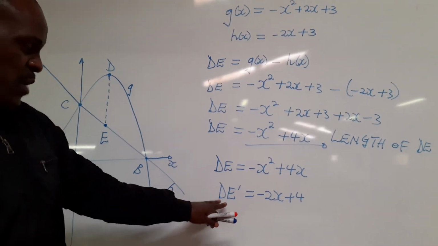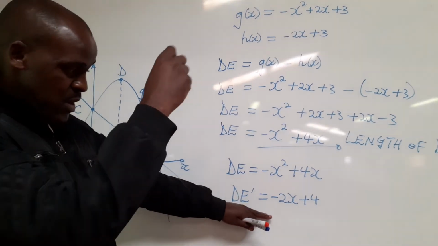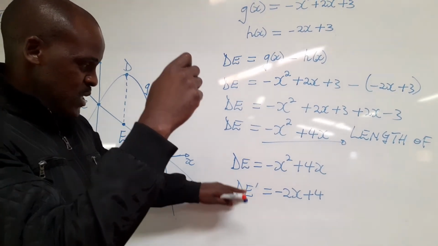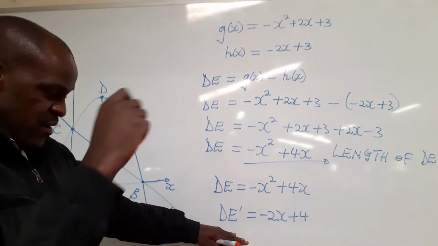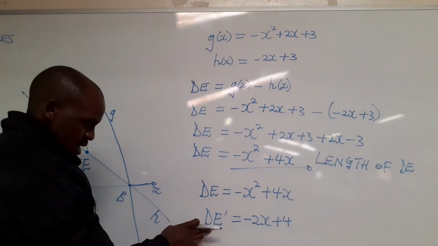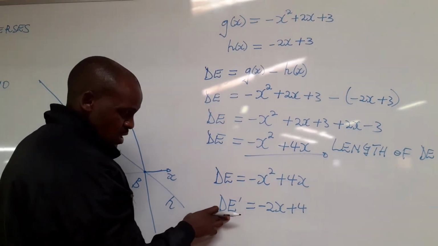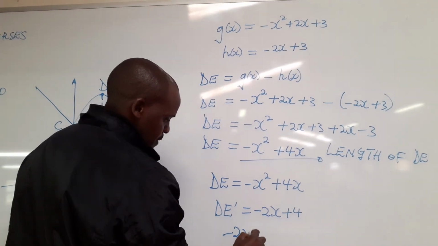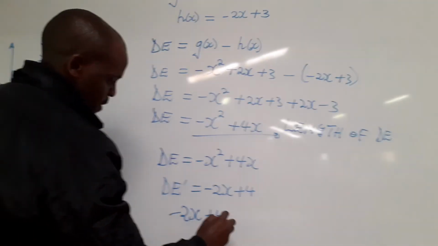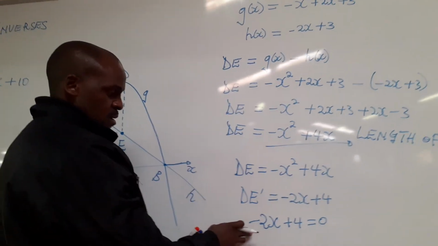And then remember, this is the gradient at maximum, or at minimum, since we are finding the minimum distance. For minimum, we derive. At minimum, the gradient is equal to 0. Therefore, minus 2x plus 4 is equal to 0 at minimum.